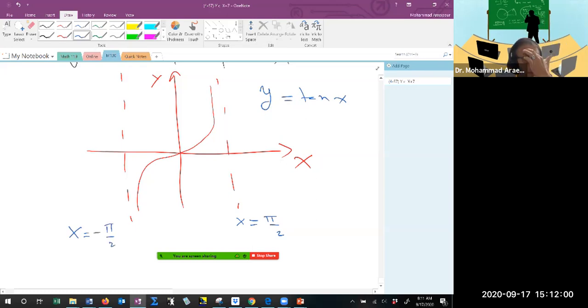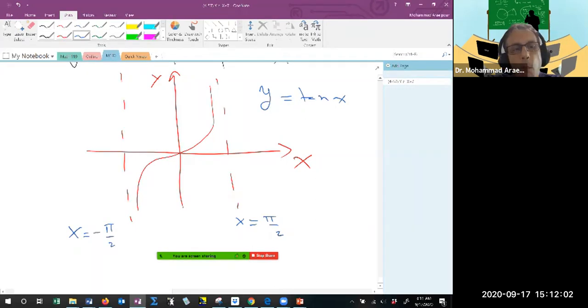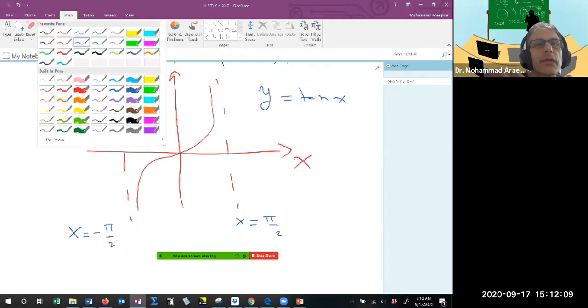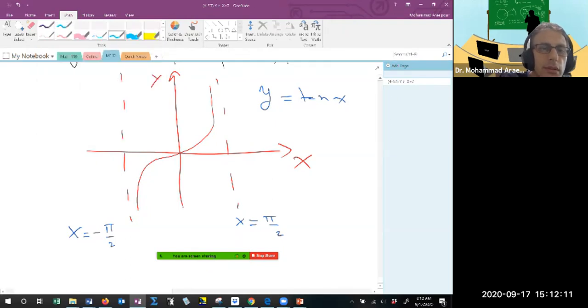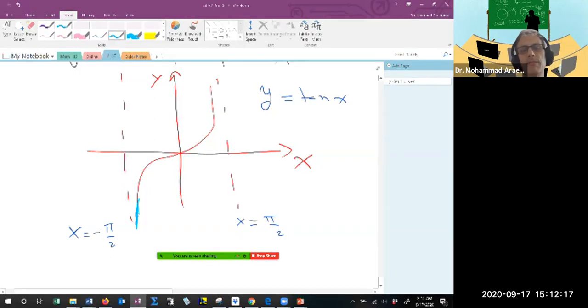So I hope you see that this portion, if you can use a different color, going down here, right? Towards negative pi over 2. So that's how this answer is the correct answer, because we remember the graph. That's one way to look at it.